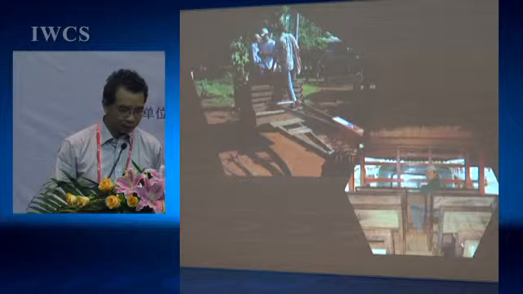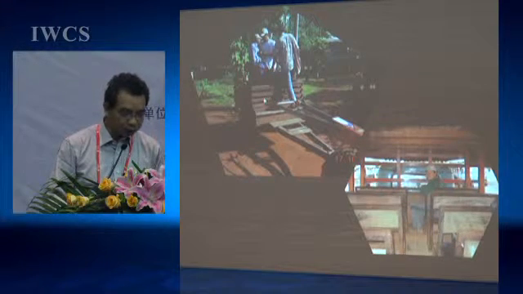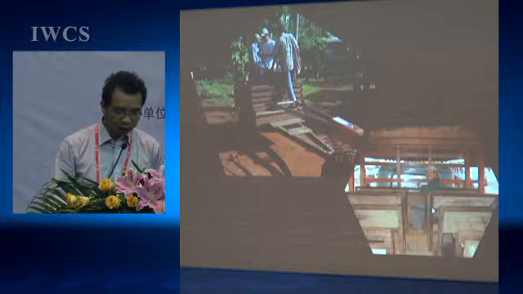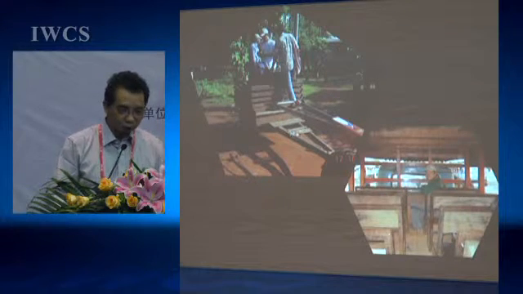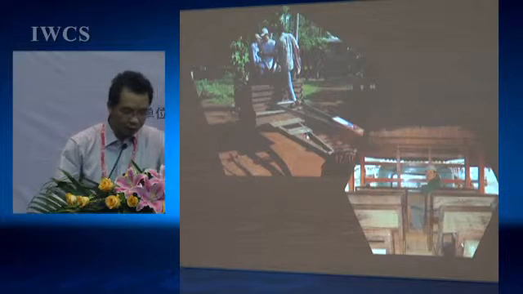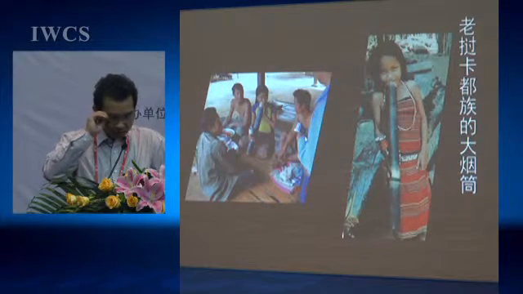So this is in Laos. People use wood and bamboo to make the bridge, and also cabinets, holders, and stools. So people use wood to make these tools for life.